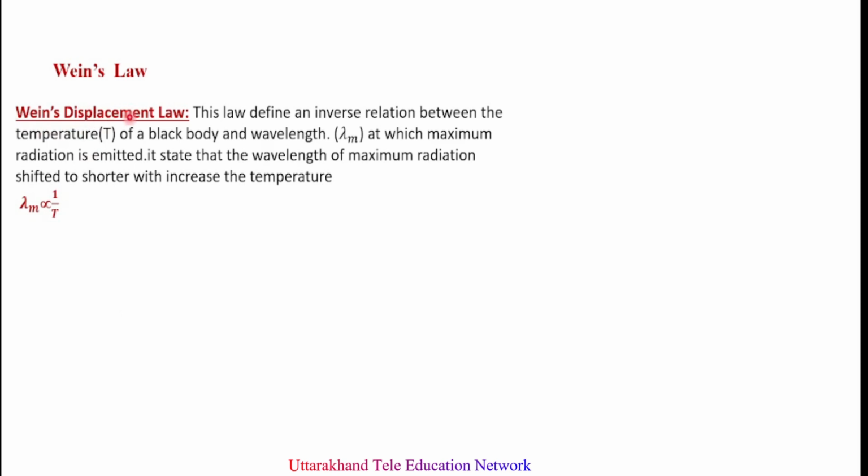Wien's displacement law is very simple. This law defines the inverse relation between the temperature of a black body and the wavelength at which maximum radiation is emitted.